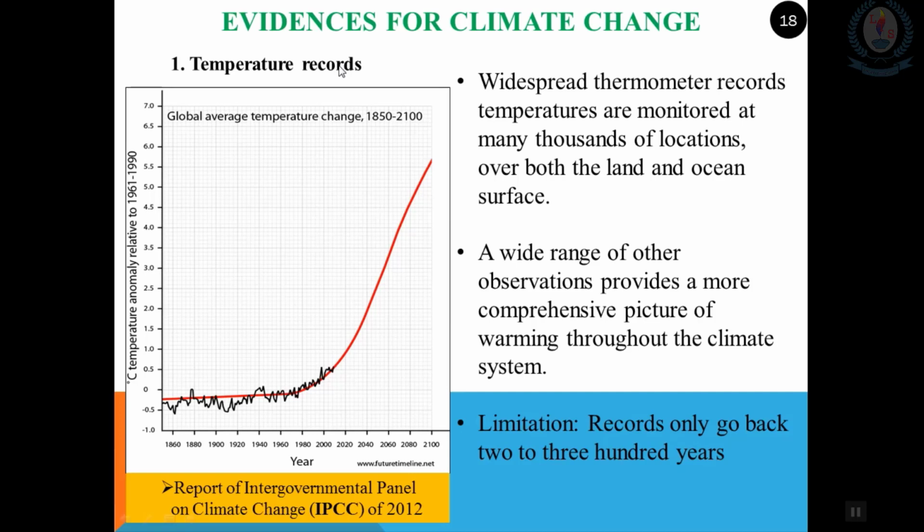Temperature has been recorded using specialized instruments over time, and those records have been kept to investigate whether the temperature has been changing over a long period of time. Here I have quoted some data that has been published by the Intergovernmental Panel on Climate Change, or IPCC, based on the collected data from a variety of sources to show how the temperature at the surface of the land and the oceans has changed starting from 1850.